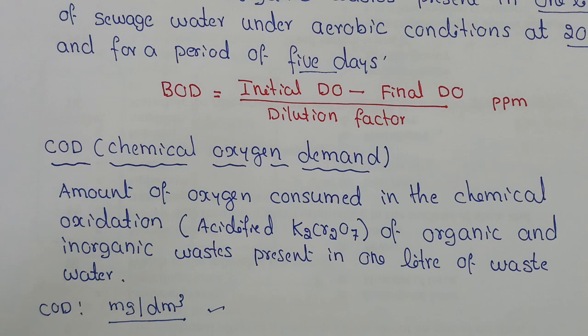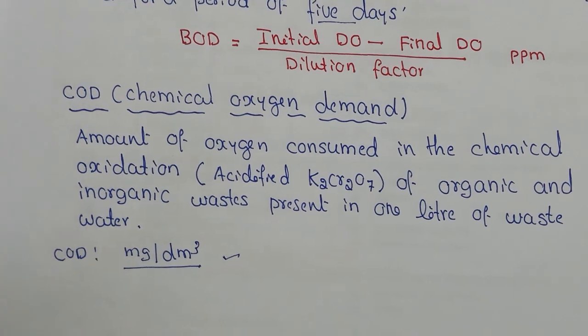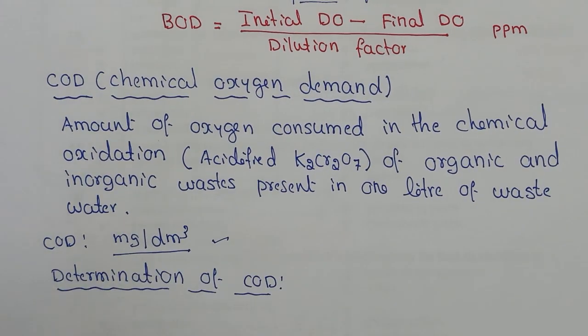Now let us see the experimental method to determine chemical oxygen demand of wastewater. The principle of the method is the oxidation of organic matter and inorganic matter using a chemical oxidizing agent.